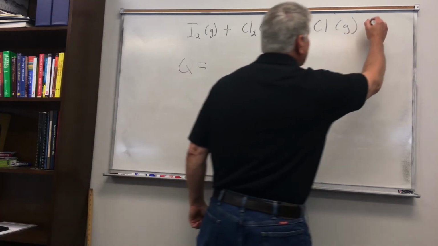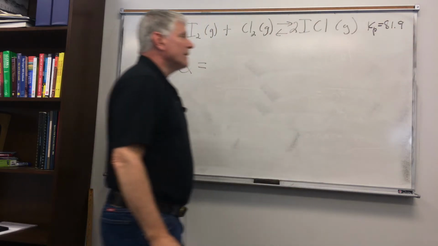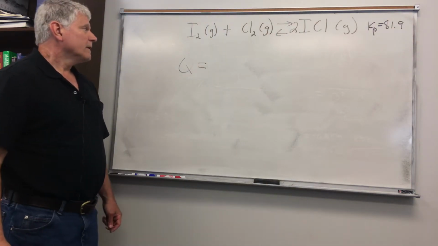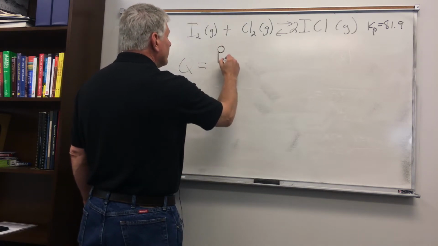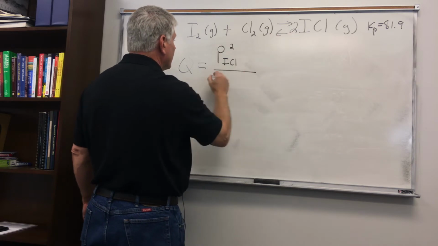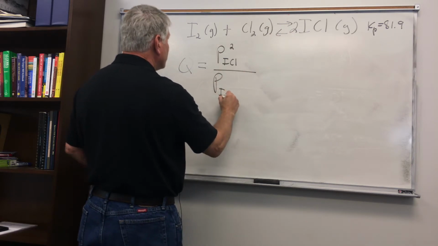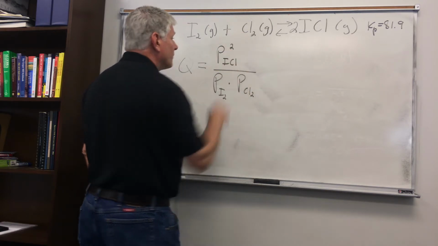So Kp is 81.9 at a particular temperature. So the reaction quotient would be the pressure of ICl squared divided by the pressure of I2 to the first power times the pressure of chlorine to the first power.